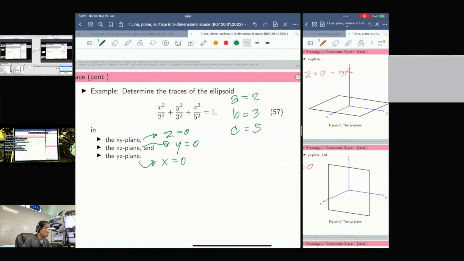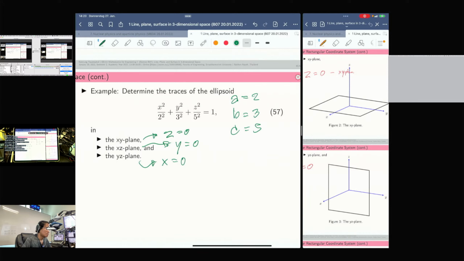For the xy plane, let's say it's the plane x and y, which could be denoted by the set of points x, y, and z, given z equal to 0, where x is a member of the reals and y is a member of the reals.